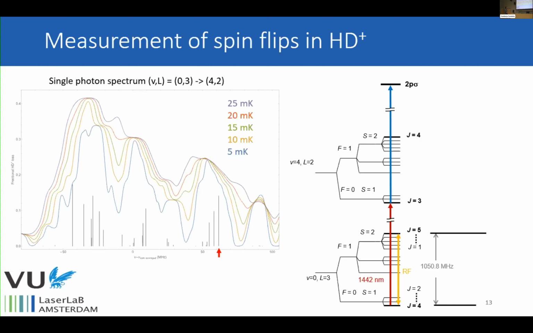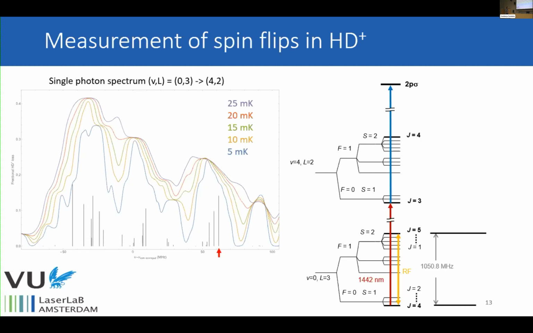So then looking at where we are on this axis, we see that for this transition, we expect to have a fractional HD+ dissociation of around 20%. So that's the baseline.